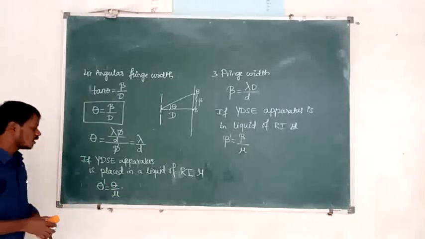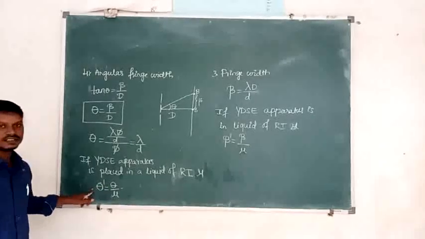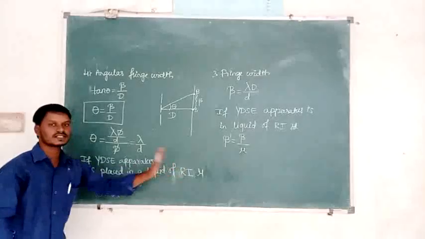What is theta here? It is the angular fringe width in air medium. Then what is theta dash here? It is the angular fringe width in a liquid of refractive index mu.